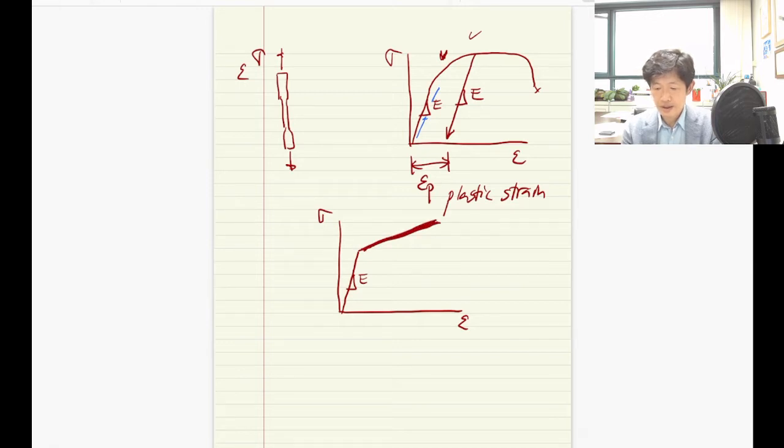And then this behavior is even more simplified: the initial elastic branch, and then perfect plasticity. This is called perfect plasticity, 완전 소성. It is called 완전 소성.